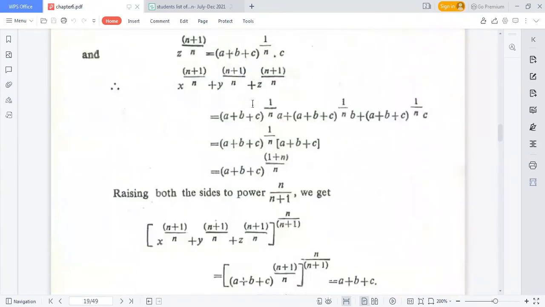Okay. How many examples? 7. 7 examples. This will be homework for you, and I hope everybody can practice.